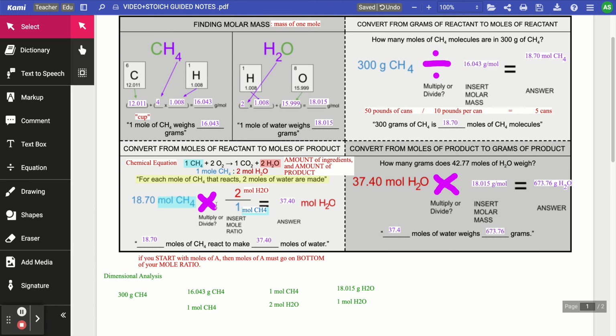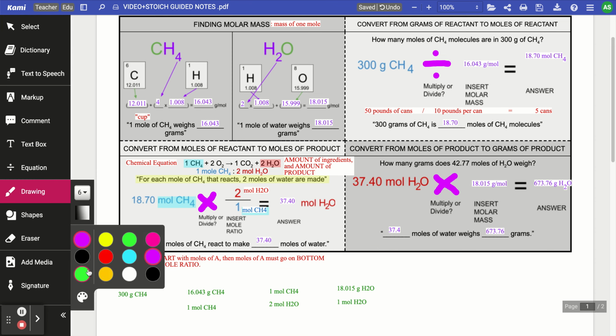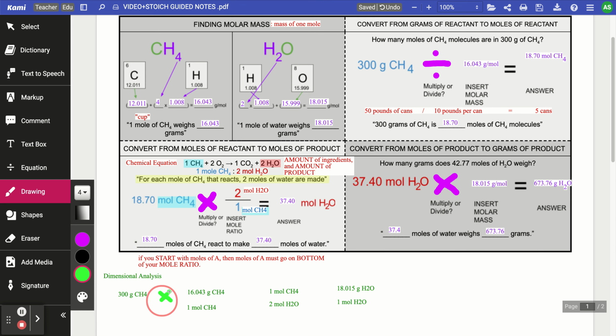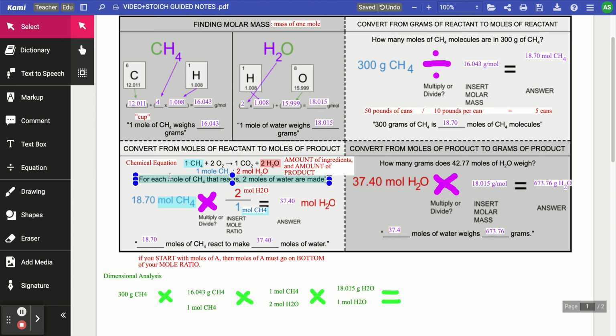Now here's what I would do. Multiply, multiply, multiply equals, but I'm not done yet. Grams CH4.